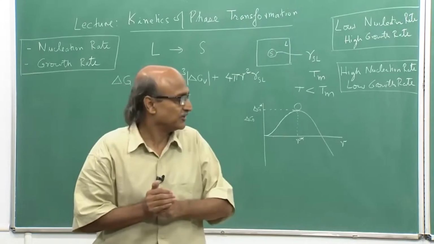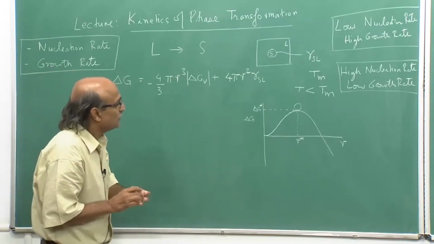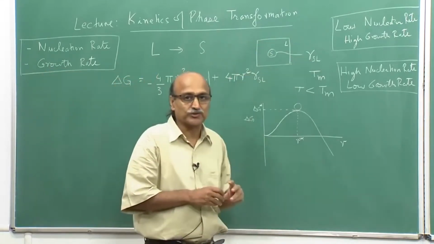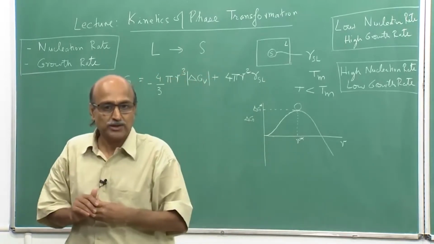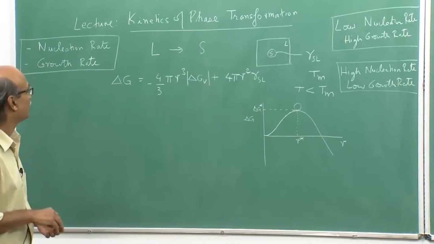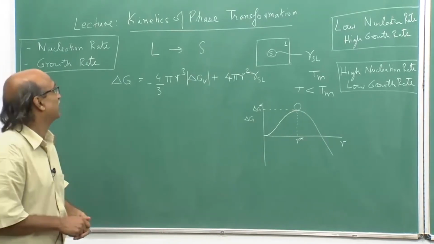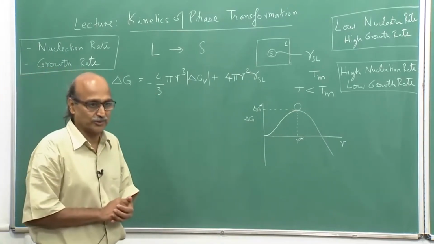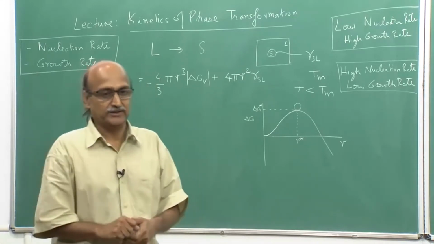So, by controlling nucleation rate and growth rate, we can then control the properties of the material. In fact, that is one of the crucial reasons why we need to understand the kinetics of phase transformation in great depth.